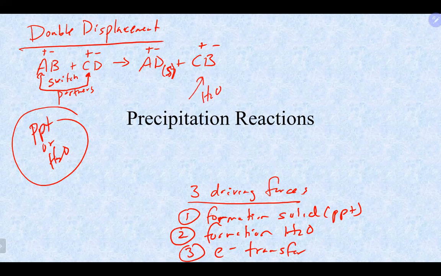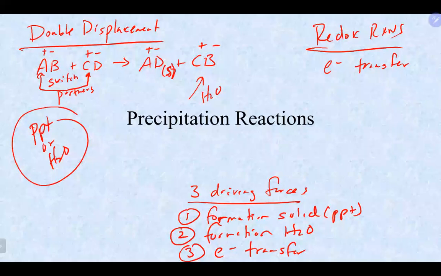The other big classification of reactions that we'll talk about is what are referred to as redox reactions. And they basically take care of the electron transfer. So between those two classifications, there are really more specific classifications that you could classify a reaction by.